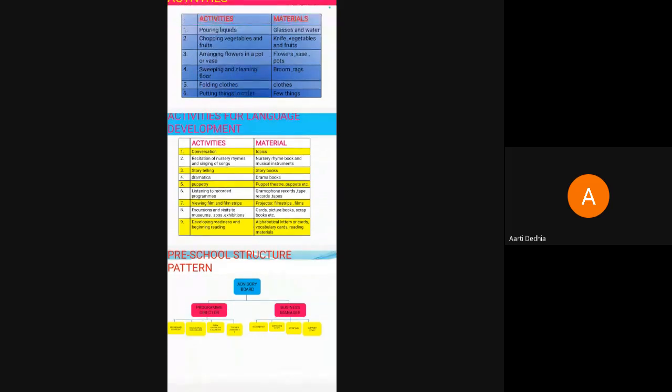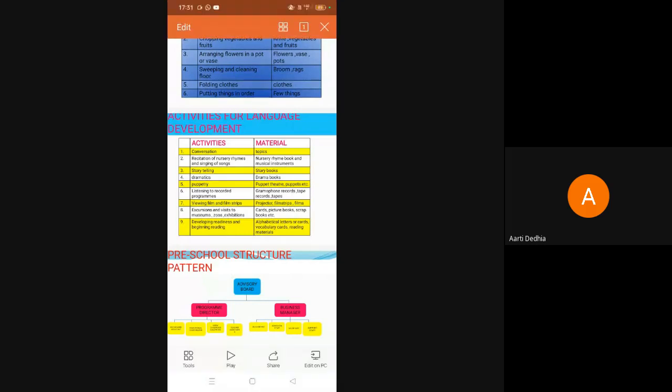Program director is the head of the academic process, and the business manager is the head of the non-teaching or non-academic activities.